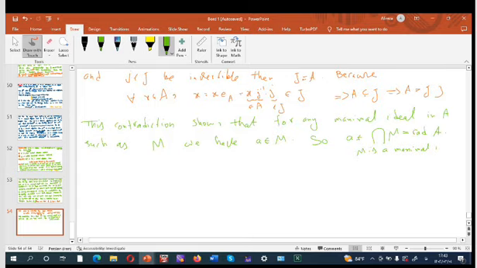Okay, conversely, let A be true in this intersection, B in the intersection of all maximal ideals in A.